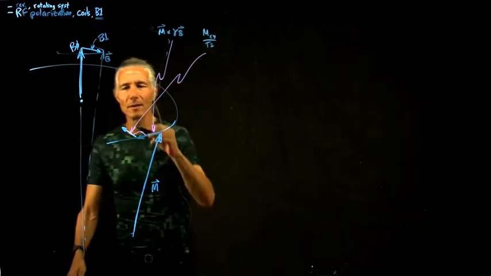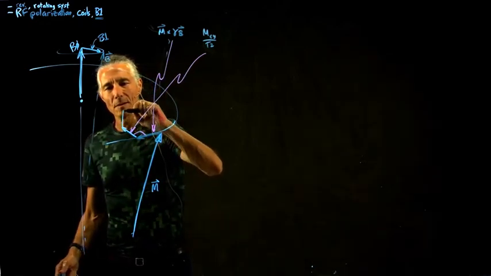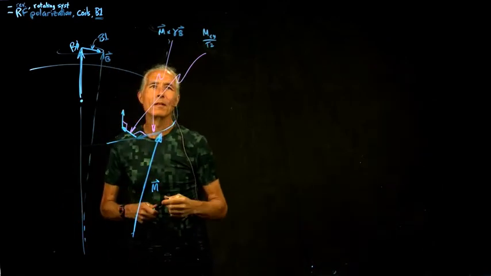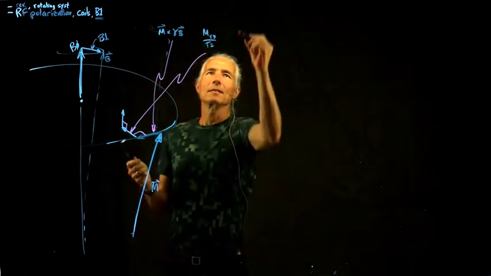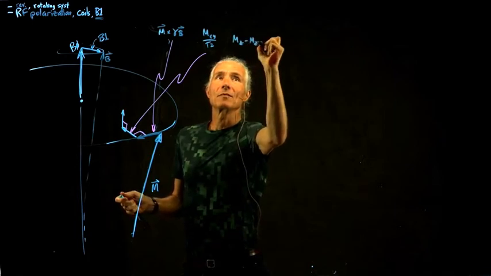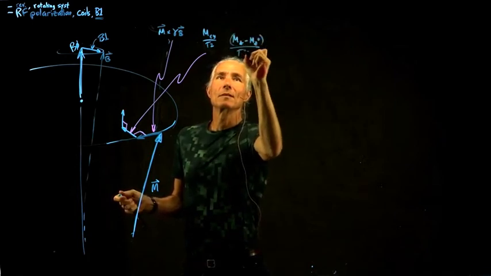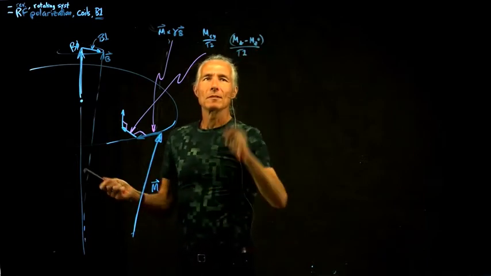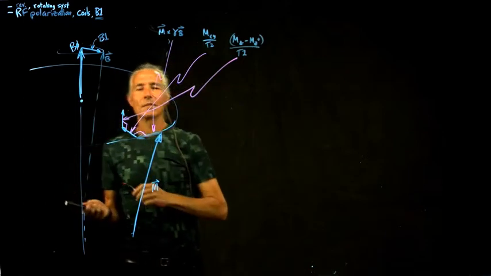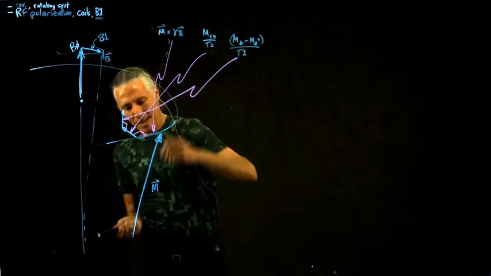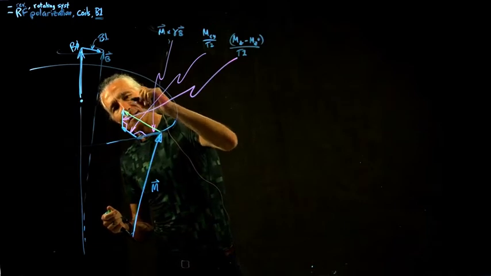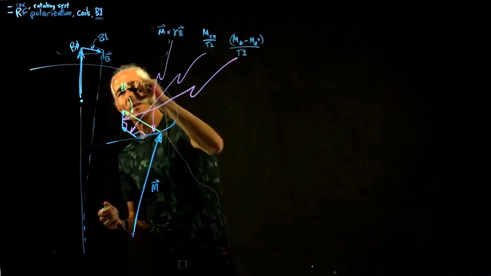And then finally we had the T1 regrowth part, and that part was also perpendicular. So they're all perpendicular to each other. And that last part was the M_Z minus M_Z0 business, over T1. So those are the three parts, and then the final answer is the update. That's the full dM/dt.